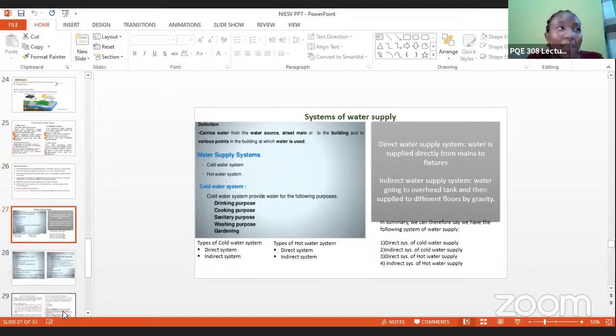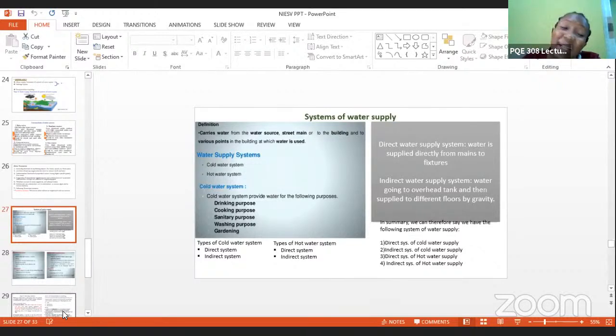Just more or less like pay as you go. You are not storing it, you are just using it. But if you have to store, for any reason, then it means you are operating an indirect water supply system. And if by the time you open your water you are getting cold water, it means you are operating a what? Indirect system of cold water supply.